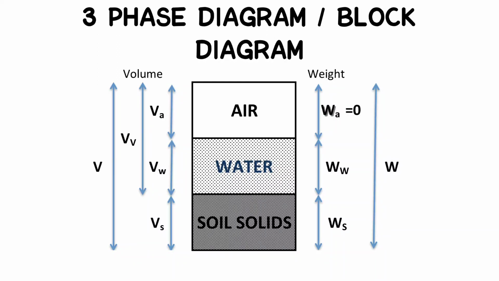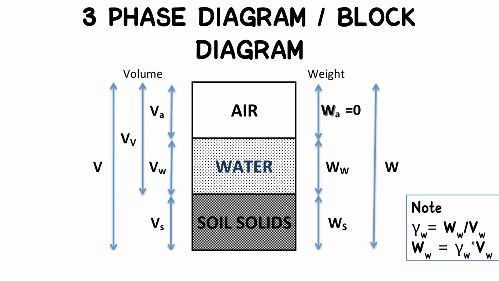Similarly, the weight of air is represented as Wa. Here Wa is always equal to 0. The weight of water is represented as Ww. We should note that the density of water, that is gamma w, will be equal to weight of water divided by the volume of water.